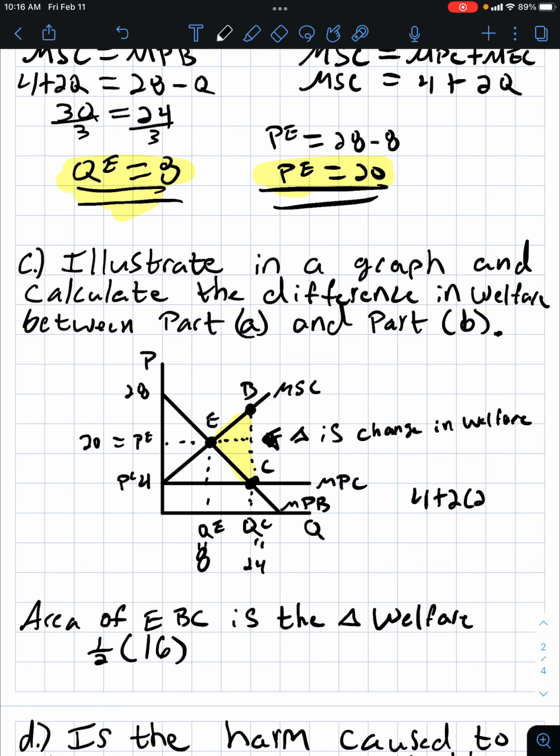So we can use 4 plus 2 times 24 to find the point B. 2 times 24 is 48, plus 4, which is 52.